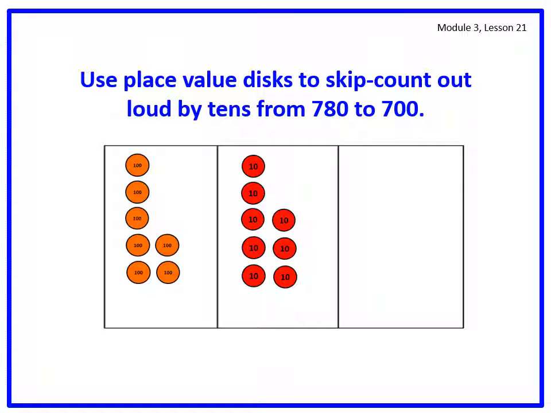Use place value discs to skip count out loud by tens from 780 to 700. Yes, remember, 780 to 700, we would be counting 10 less: 770, 760, 750, 740, 730, 720, 710, 700.